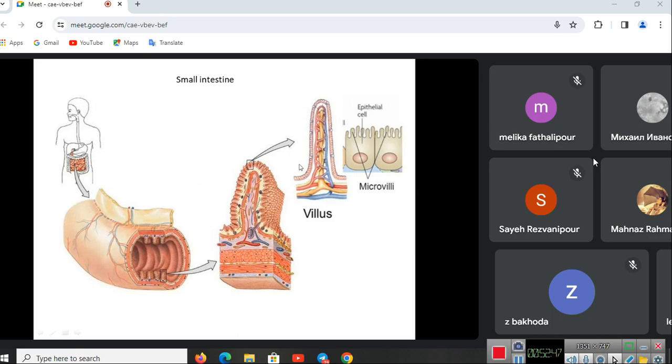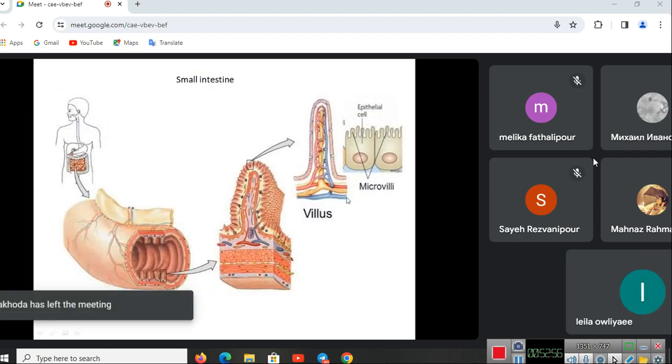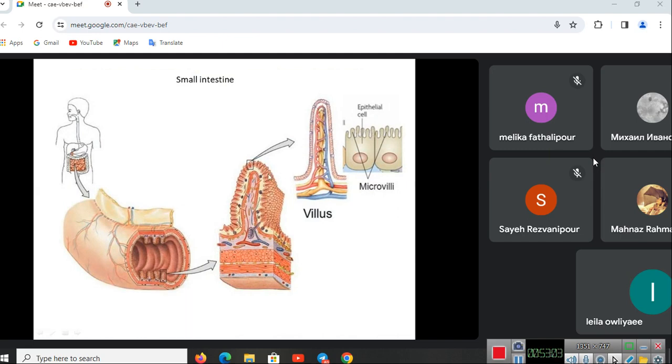So in our histological preparations, we cannot see microvilli, and what we see here are just villi. So don't mistake villi with microvilli. Villi are large structures which are easily seen in light microscope, but microvilli are small structures located at the top surface of each cell of epithelium, and they are seen only in electron microscope.